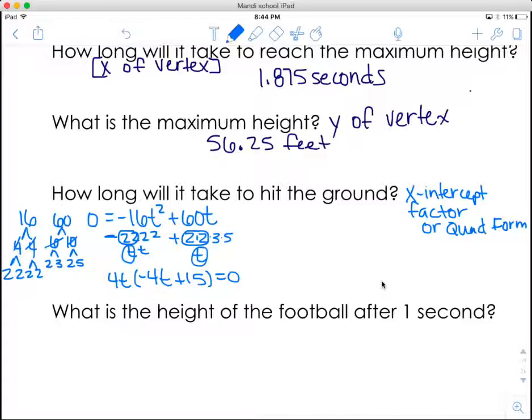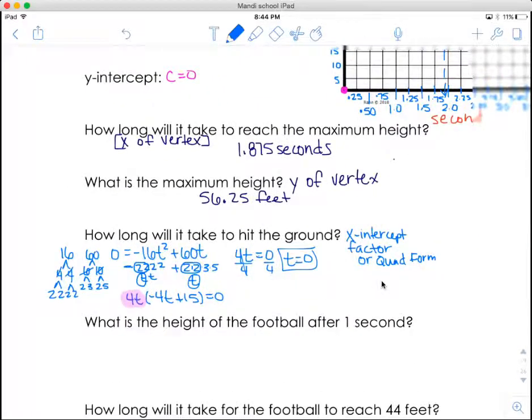That's not a big deal. So now we separate each piece. So we take the first piece equal to 0, divide by 4, and t is 0. But guess what? We already knew that. We've already graphed that one right here. So we knew that the first one was 0.